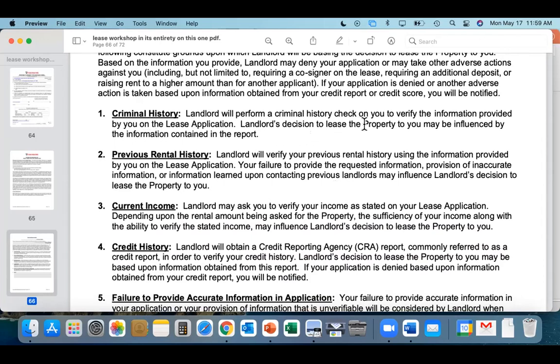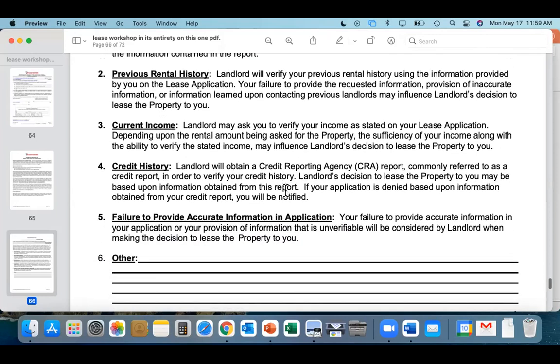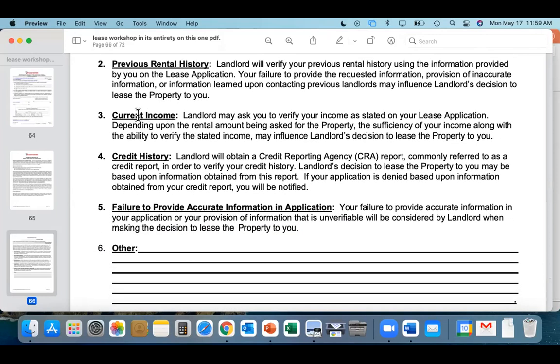He's going to perform a criminal history check on you and verify the information provided by you on the lease application. The landlord's decision to lease the property to you may be influenced by the information contained in this report. He wants to look at your previous rental history. He wants to check out your current income and your credit history.